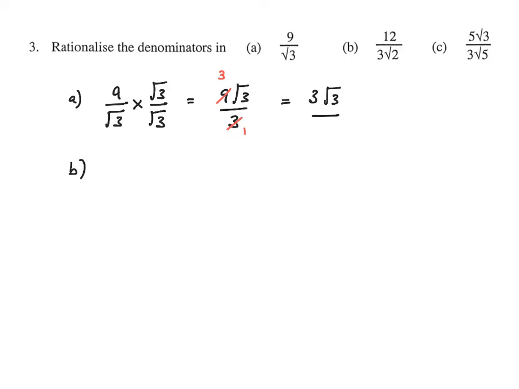Part B, 12 over 3 root 2. So I'm going to multiply top and bottom by root 2. Multiplying tops then of the fractions, so that gives me 12 root 2 on top.